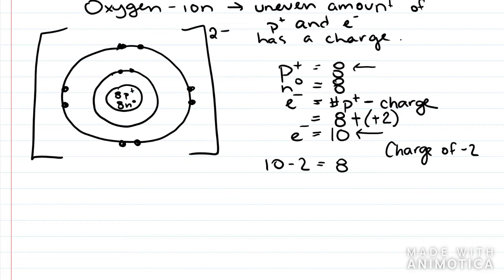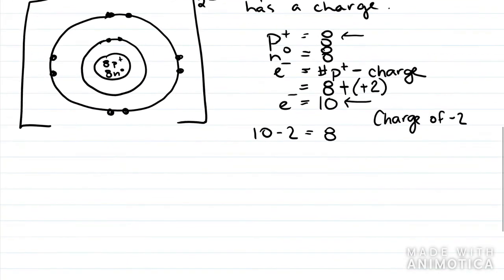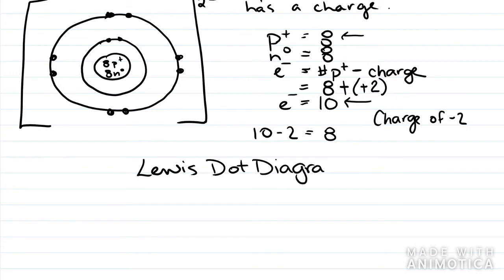Okay, so that's the review. Now I'm going to show you a much easier method. Now what we're going to be looking at is Lewis dot diagrams. The cool thing about Lewis dot diagrams is that it gives you very similar information, but in way less work.